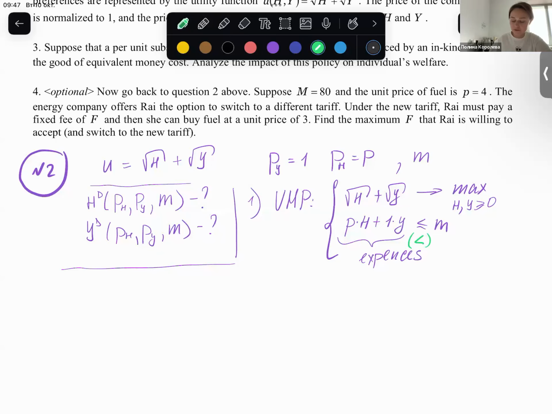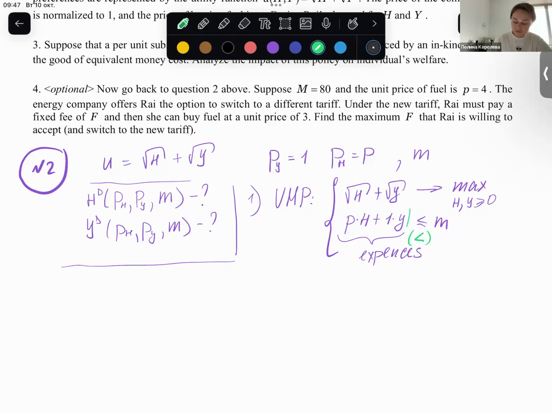For example, we can increase the consumption of good Y, and the utility will increase, so we can get a higher level of satisfaction.